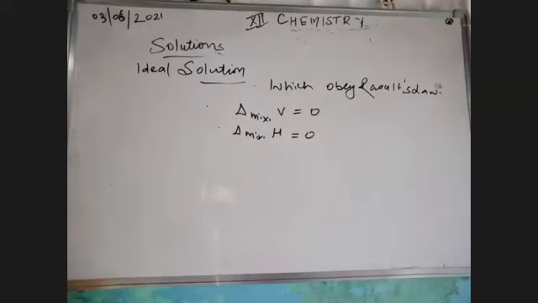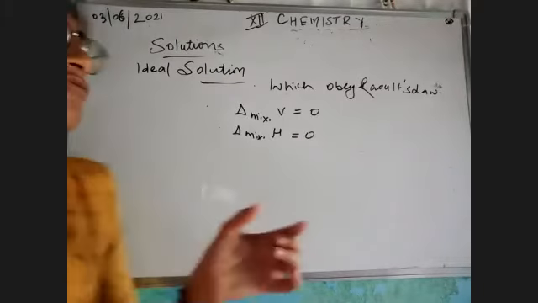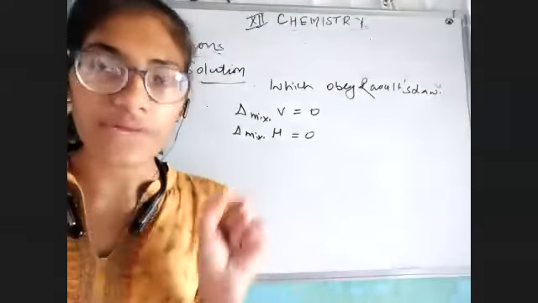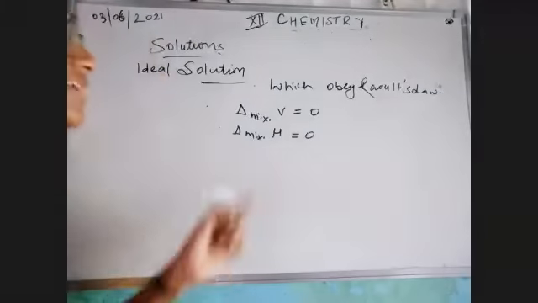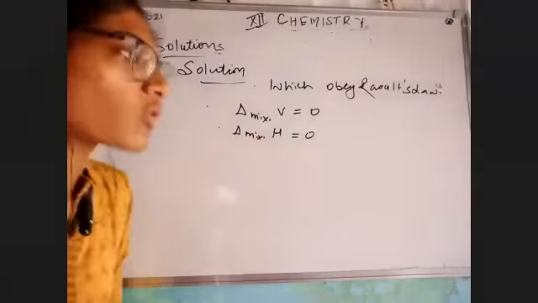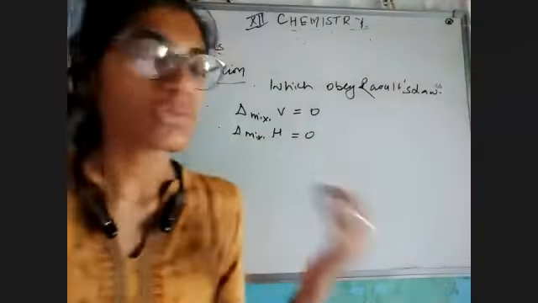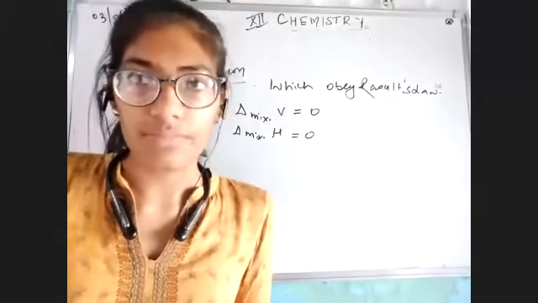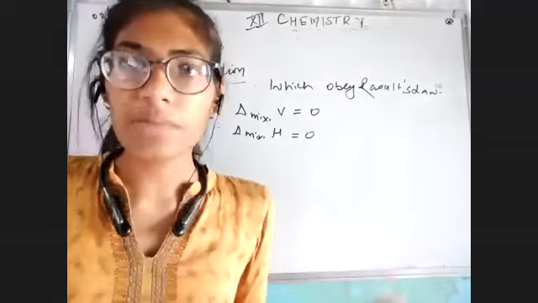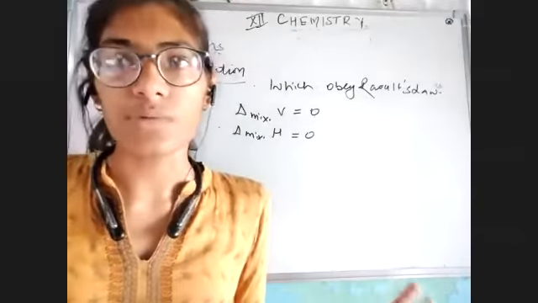According to the definition of an ideal solution, if we are mixing two different components, the change in heat is 0. That means the reaction is not even exothermic, not even endothermic. So it seems a little absurd because this is practically impossible.